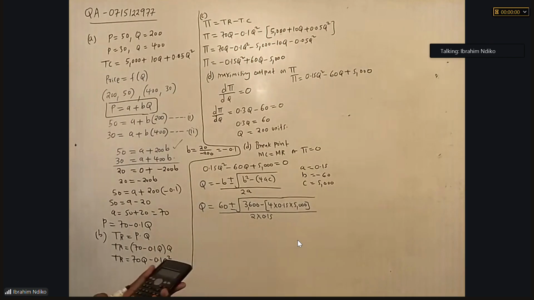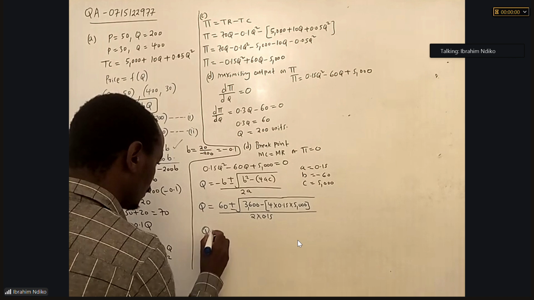Let us do it. So 4 times 0.15 times 5,000 is 3,000. So that's 3,600 minus 3,000, which is 600. So the square root of that is 24.49.